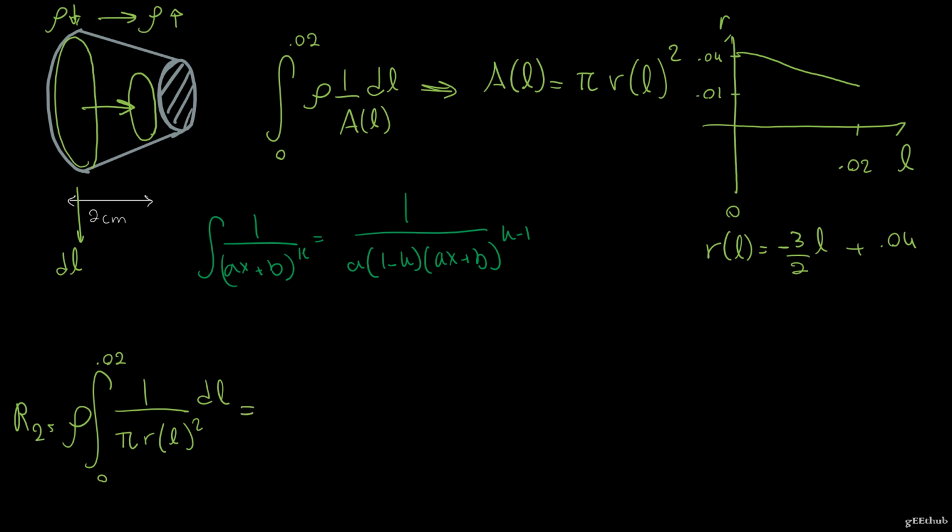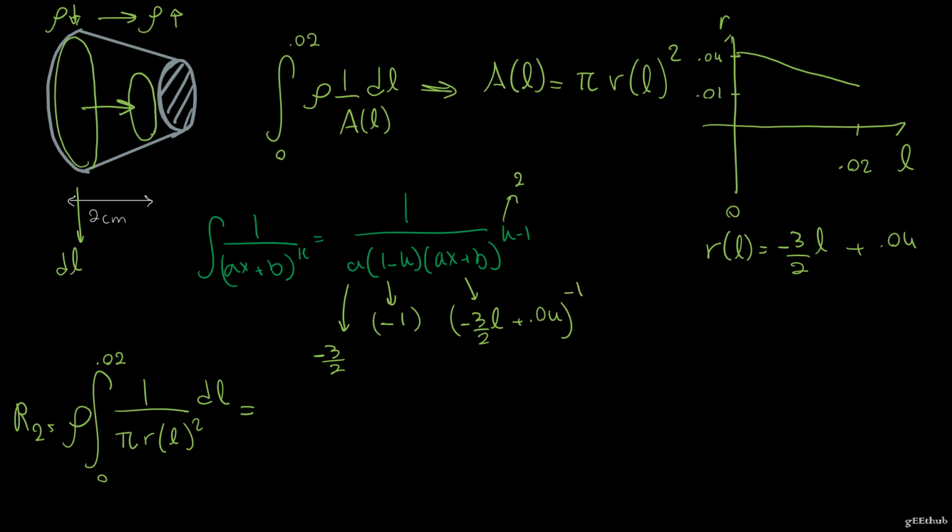So here, my 1 minus k is just minus 1, because my k is equal to 2 here, and my a is -3/2, and my ax plus b is just -3/2 L plus 0.04. When we subtract 1 from k, it's just going to be this.